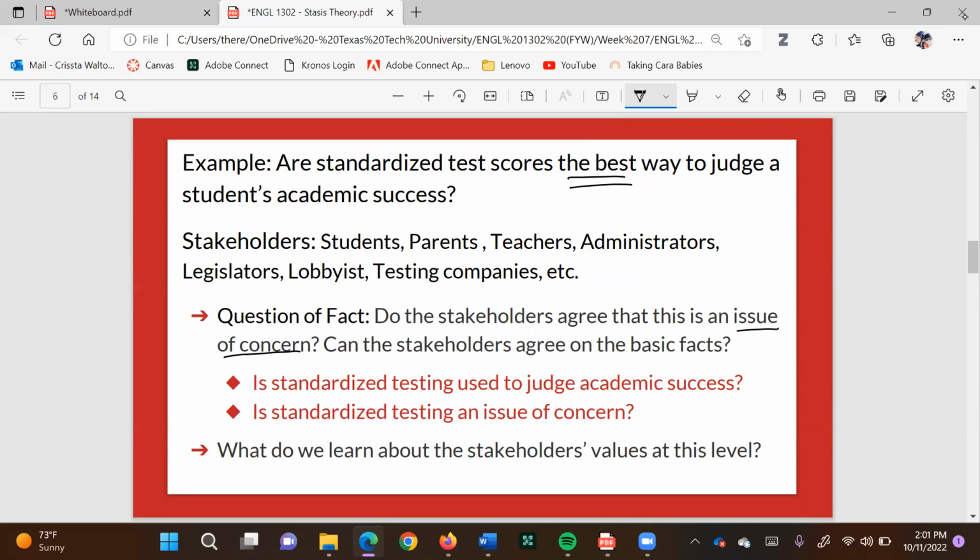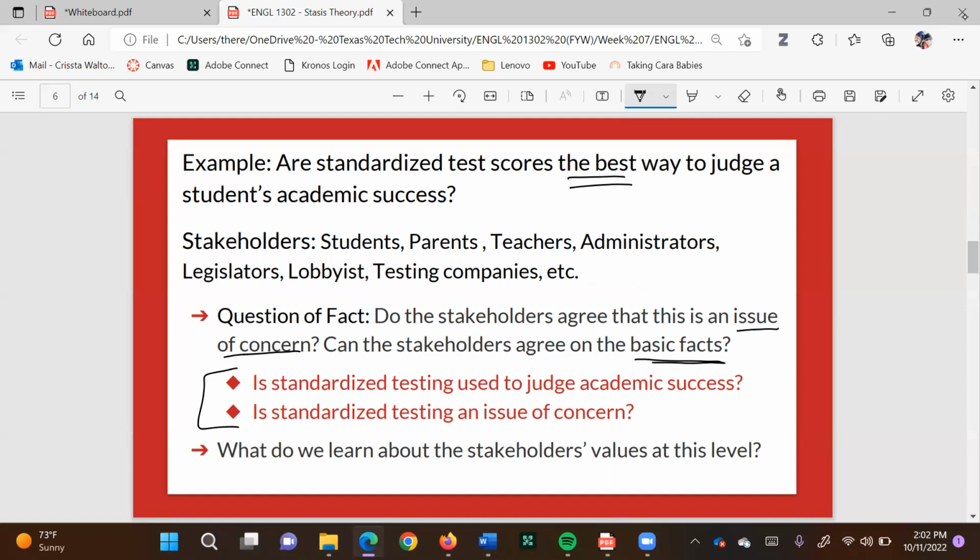And so you can also ask, can the stakeholders agree on the basic facts? Do they use the same studies, same definition, or same statistics to say if standardized testing is an issue of concern, or if it's the best way to judge a student's academic success? So some of these questions could look like this.